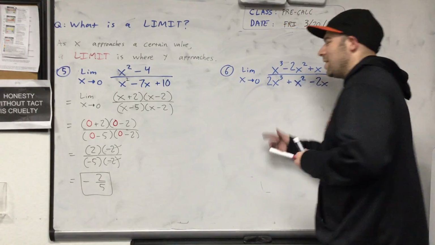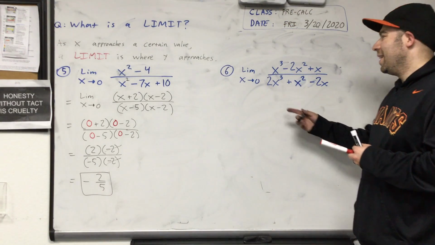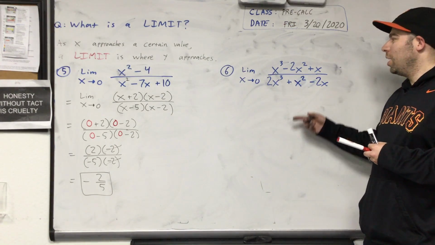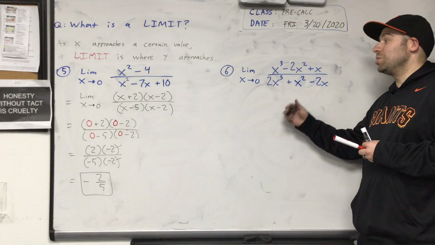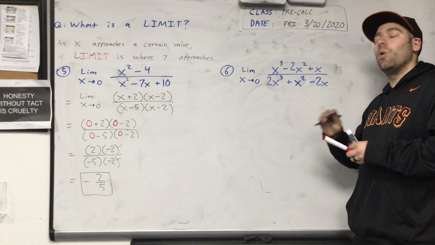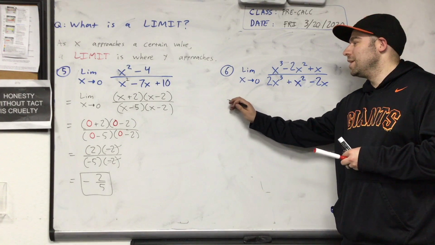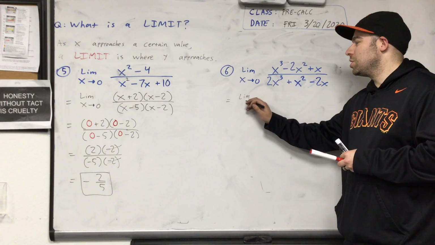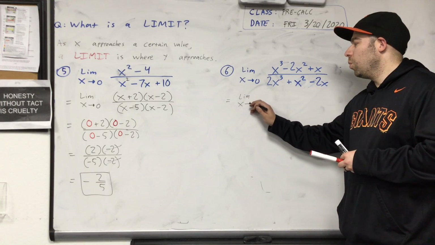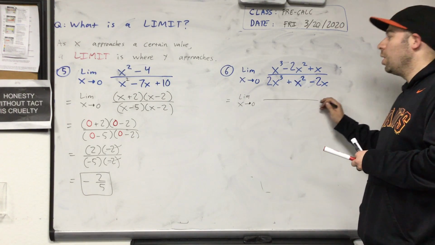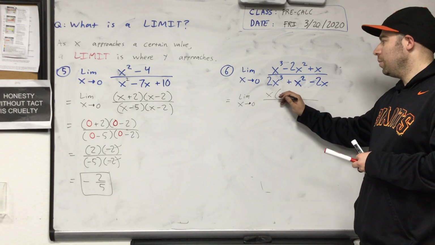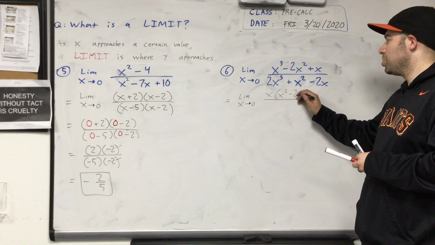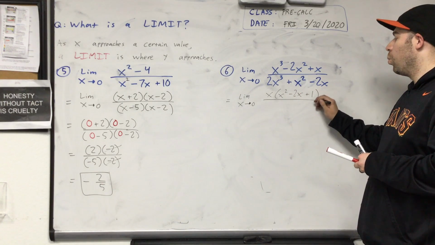Now let's take a look at number 6 and then we'll call it a day. All right, the limit as x approaches 0. Let's look at the top, let's look at the bottom. Clearly, if I plug in x equals 0, 0 over 0, we've got a hole. I'm not happy. So the limit as x approaches 0, what can we do to counteract this problem? We are going to factor. So we've got x times x squared minus 2x plus 1.